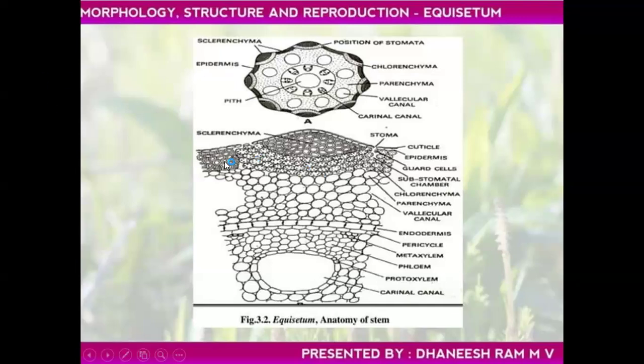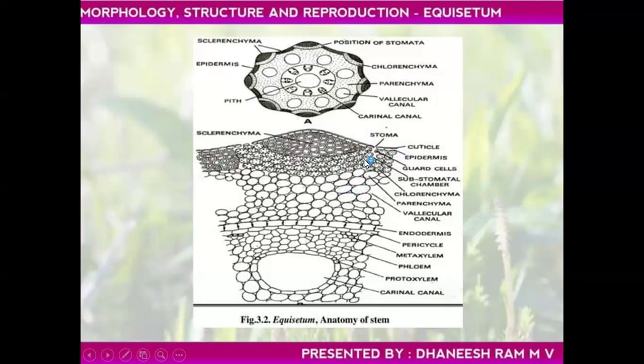Here you can see the outermost layer is the epidermis, which is surrounded by a cuticle with a deposition of silica. Below this cuticle, you can see the parenchymatous tissue. The cortex is differentiated into the outer cortex and the inner cortical region.